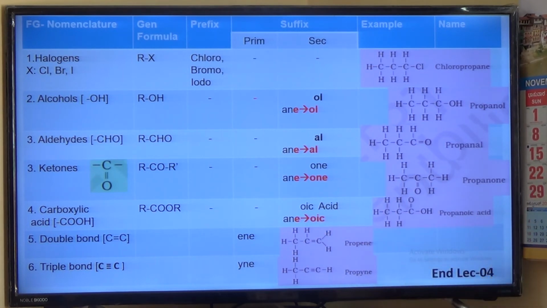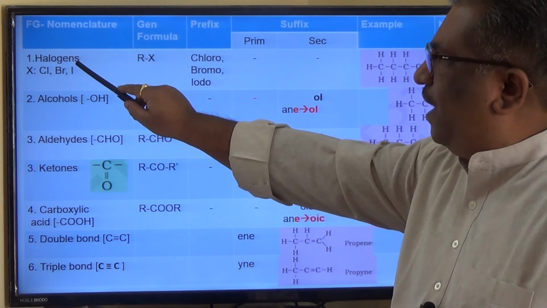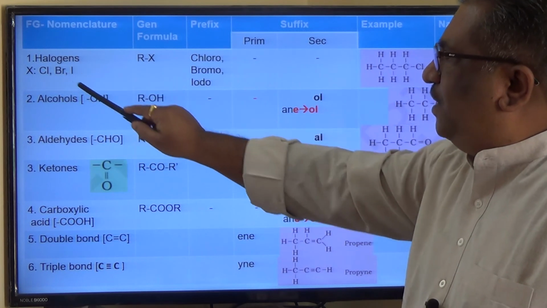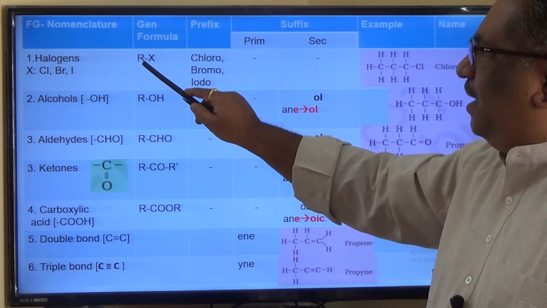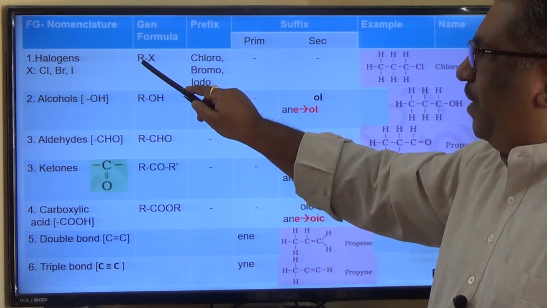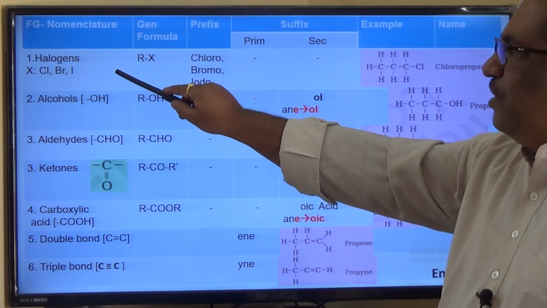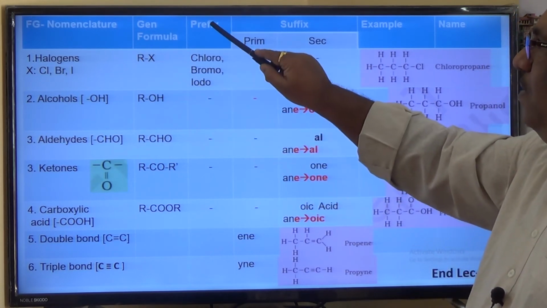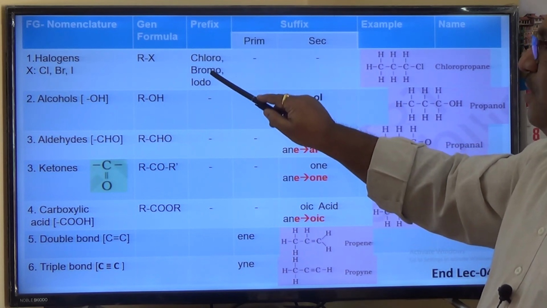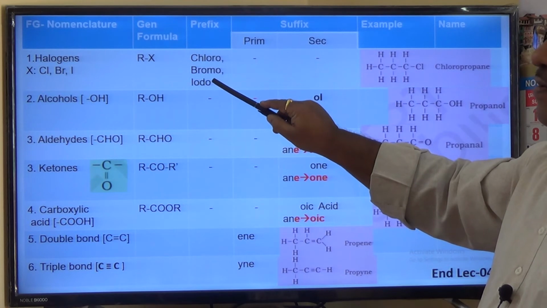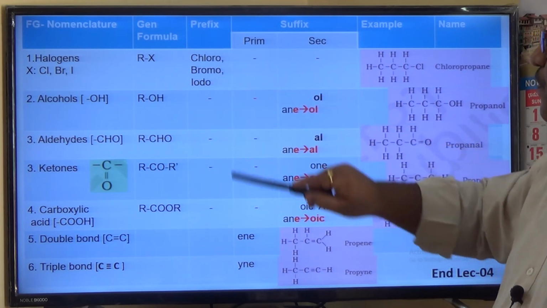First case, if the functional groups are halogens represented by X, the general formula is RX. R is an alkyl group: methyl, ethyl, propyl, butyl, pentyl, like that. If a halogen is a functional group, we are using only a prefix, meaning these terms should be used before the root word.